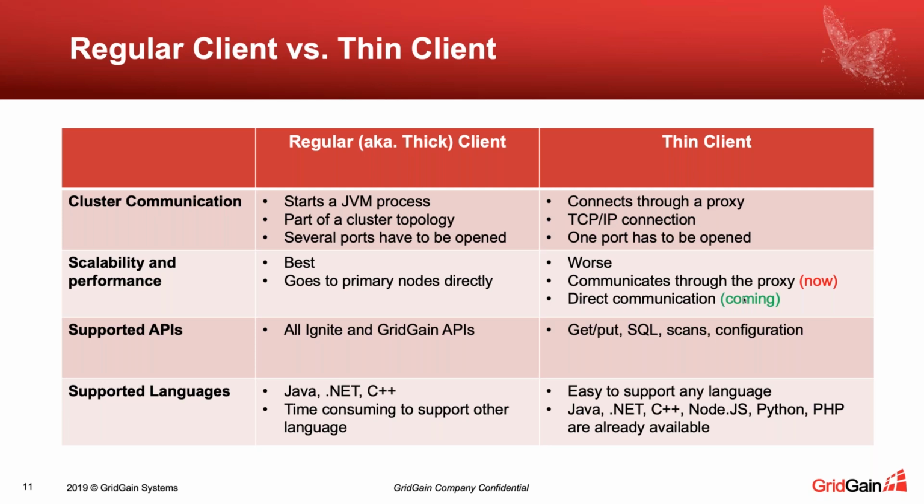And then whenever your Node.js application wants to get, let's say, a record for city with primary key 100, it will be able to connect to the entry owner, and that request will not go through the proxy node. That's actually what's supported for the regular clients right now by other means, and that's what we are working on and planning to release for the thin clients, including Node.js.